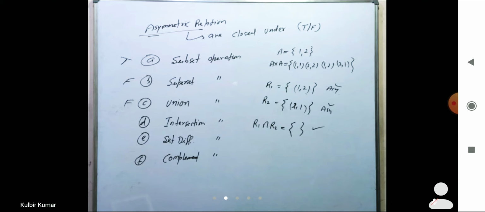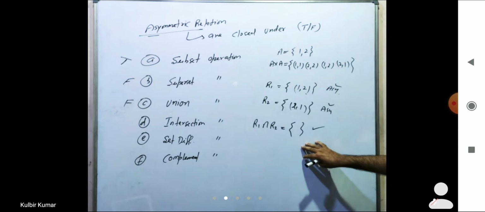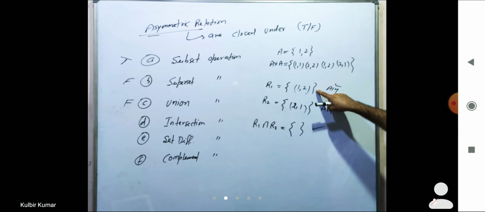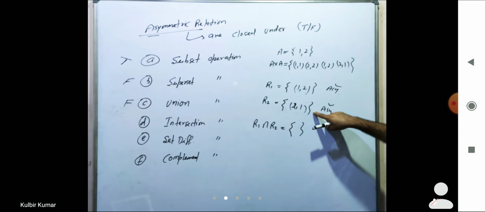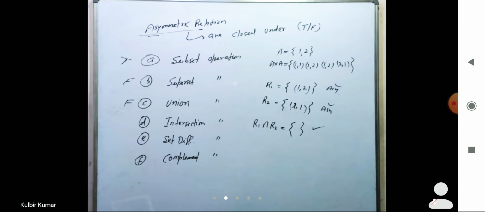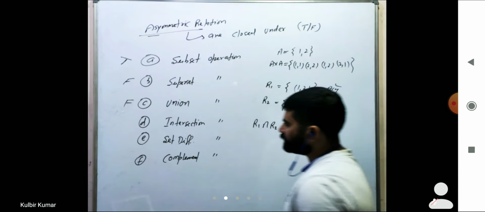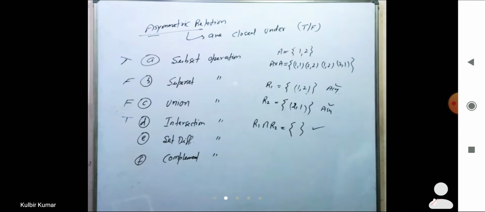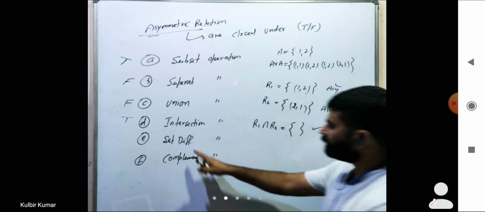So finally we can say it is closed under the intersection. Take any example where R1 is asymmetric and R2 is asymmetric, and definitely their intersection will also be asymmetric. So we can say asymmetric relations are closed under the intersection operation. What about set difference?